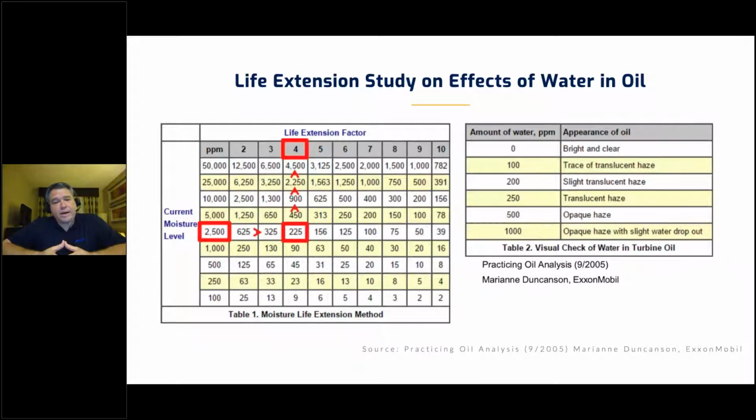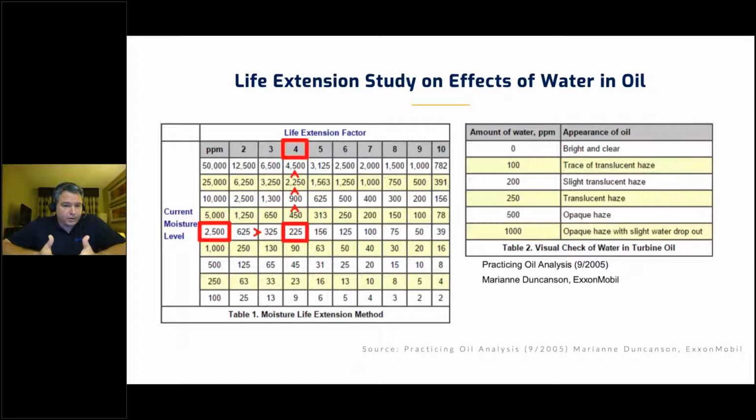So if you walk out to your equipment and you're able to take a sample and the water separates out, you're somewhere above 1,000 to 2,500 ppm. And this is a life extension table. They determined that moving that back down to 200 ppm will increase the life of the lubricant by a factor of 4. So it directly impacts the life of the bearing and the life of the lubricant.